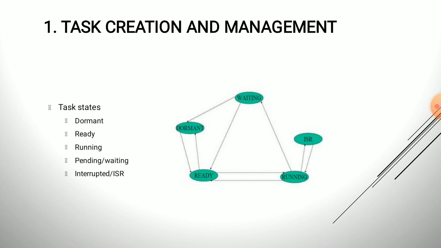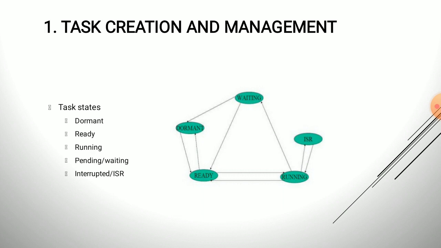The third one is the running state. The running state corresponds to a stage where the task is being executed by the CPU. The fourth one is the pending state. The pending state corresponds to a state where a running task is temporarily suspended from execution and does not have immediate access to resources.